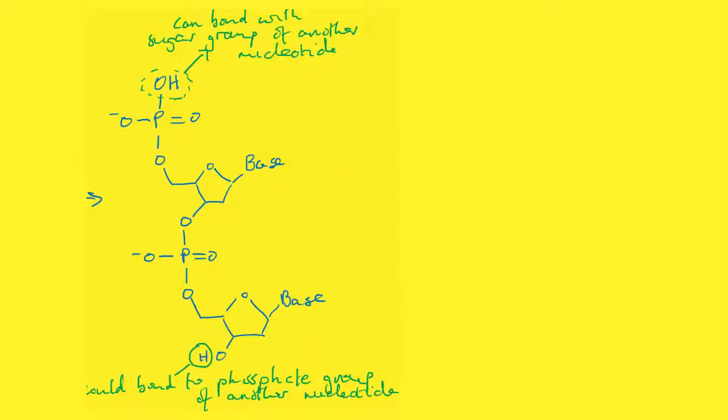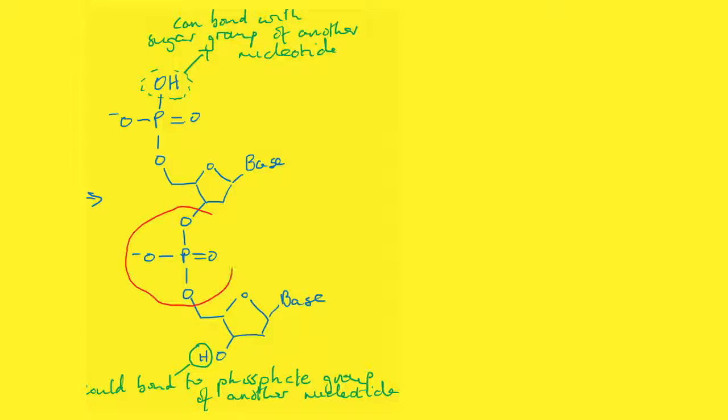Just one last thing to do before we finish, and that is to introduce possibly a new word phrase to you. So when we created the link between the 2 nucleotides, we created what's called a phosphodiester bond. And so I'm going to circle around it here.